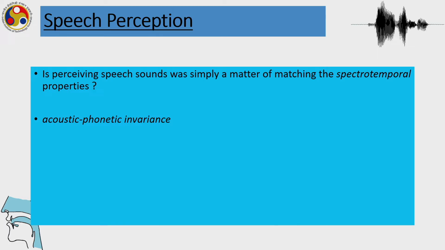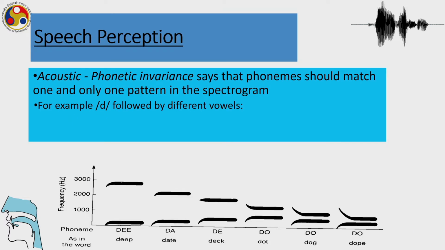So, is perceiving speech simply a matter of the spectral properties, the timing properties, and can acoustic phonetic invariance always determine perception? Here we show a few diagrams which show that acoustic phonetic invariance cannot always tell us about perceptual cues, because of the variability that we already talked about.